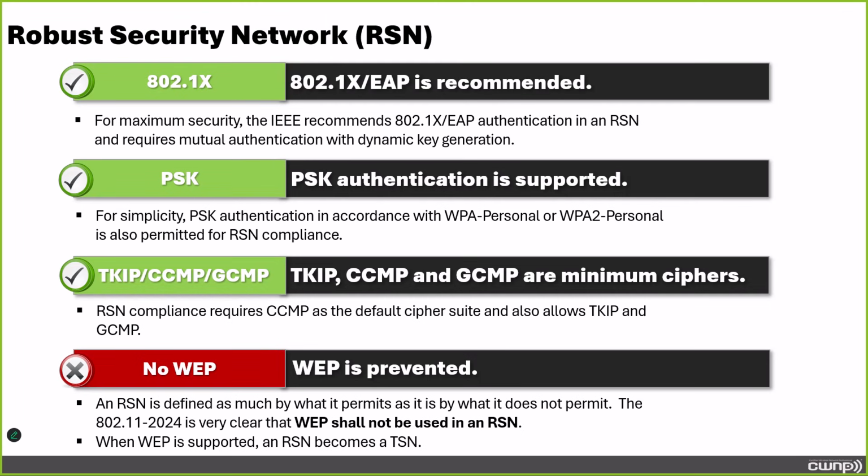In other words, all of the associations to that BSS are using TKIP, CCMP, or GCMP. Now, these phrases, TKIP, CCMP, GCMP, they're hard to even say sometimes. These are just the acronyms for cipher suites, okay? So TKIP is the Temporal Key Integrity Protocol. CCMP is, well, a whole bunch of things.